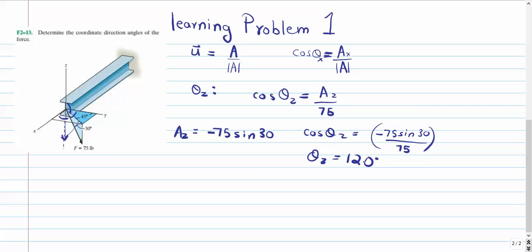The reason why I did theta z first was because we can actually find theta z without doing any of this procedure by simply looking at the diagram, and we see that this angle right here is 30 degrees, which means this angle that this vector makes with the negative z-axis should be 60 degrees. Similarly, if we add 30 degrees to 90 degrees, then we get 120 degrees for this angle.